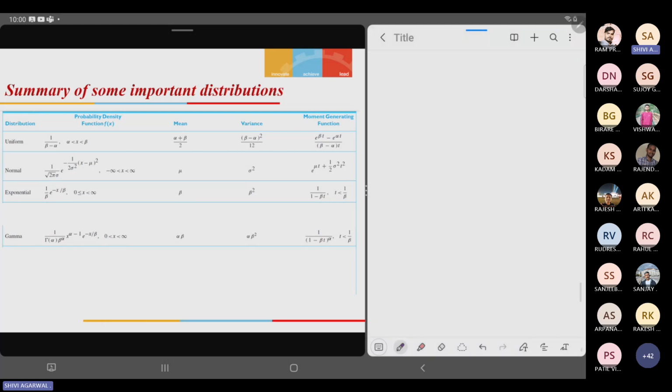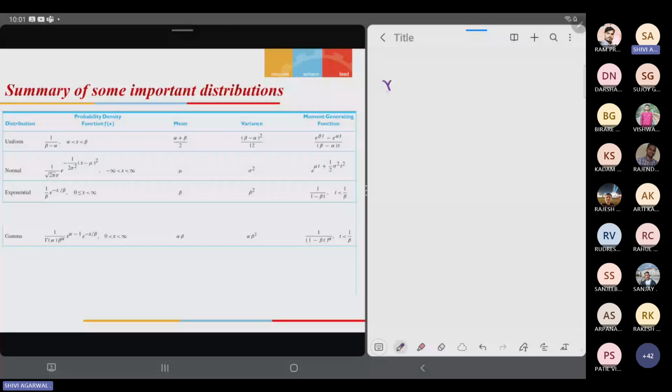So now we are doing a question. I am just reading the question. Please try to understand here. The number of weekly breakdowns of a computer is a random variable having a Poisson distribution with lambda equal to 0.2. Correct?